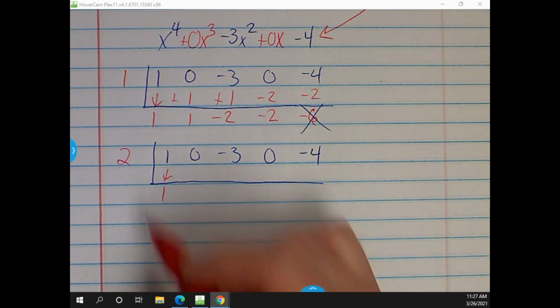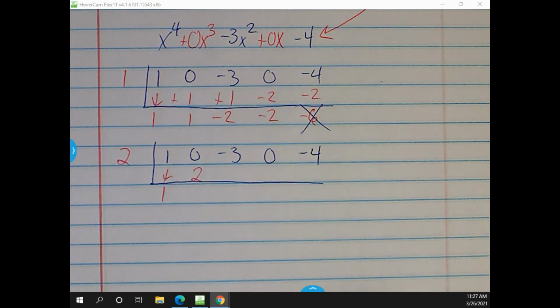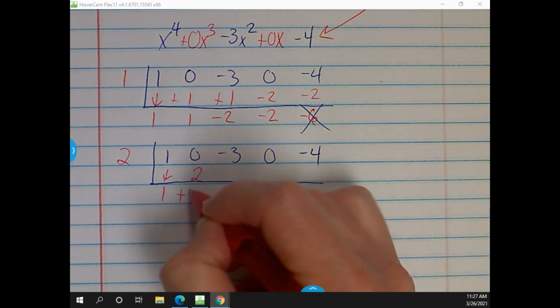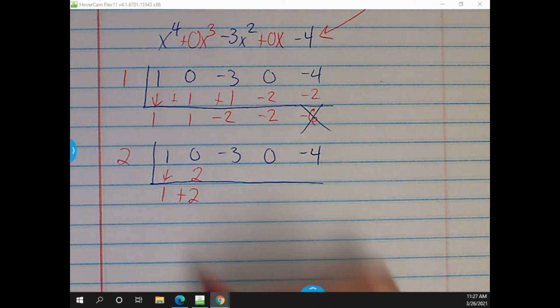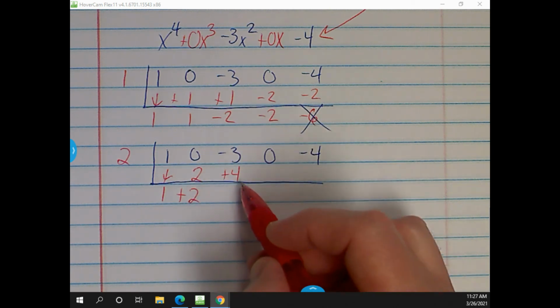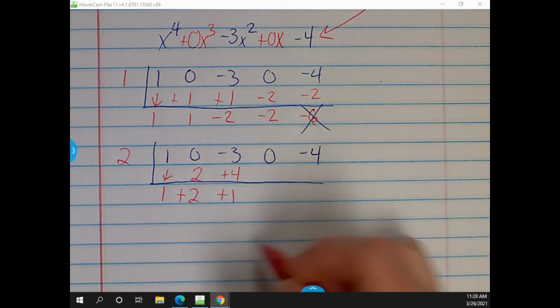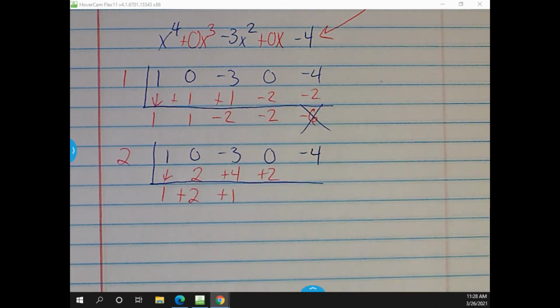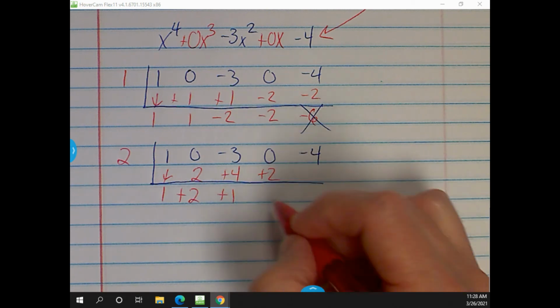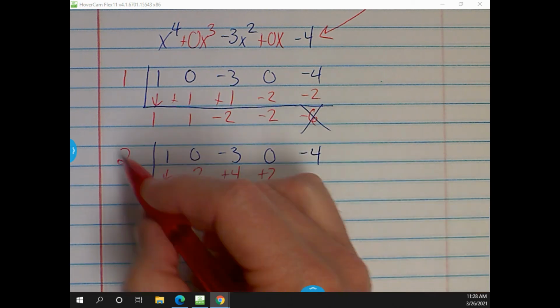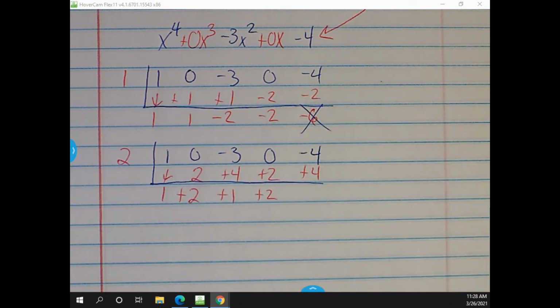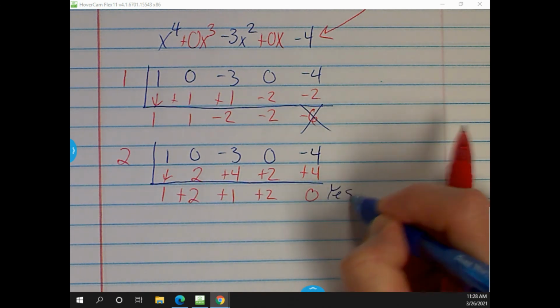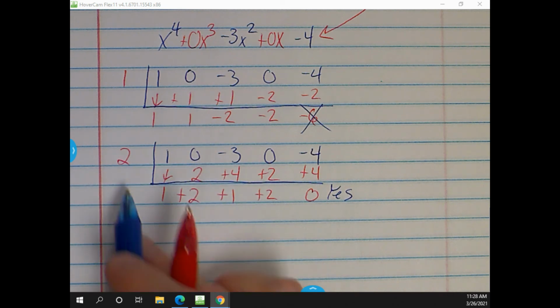Start with pulling it down. 2 times 1 is 2. 0 plus 2 is 2. 2 times 2 is 4. -3 plus 4, again, you can go reverse over, you can go 4 minus 3. That's going to be 1. 2 times 1 is 2. 0 plus 2 is 2. And then 2 times 2 is 4. That does get us the 0, so that checks off. That is what we wanted. So the first solution we've got here would be this one, that x equals 2.